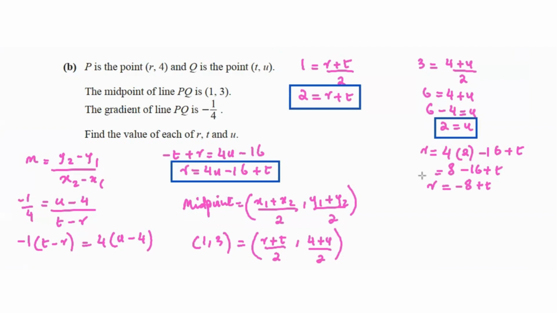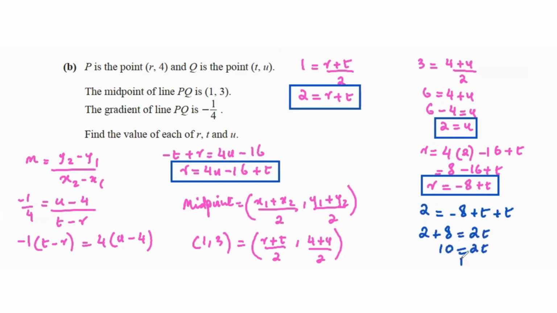We will substitute this in this. So that's going to be 2 equals minus 8 plus t, which is 2 plus 8 equals 2t. 10 equals 2t and t is 5. So 2 equals r plus 5, 2 minus 5, and negative 3 is r. So u is 2, t is 5, and r is negative 3.